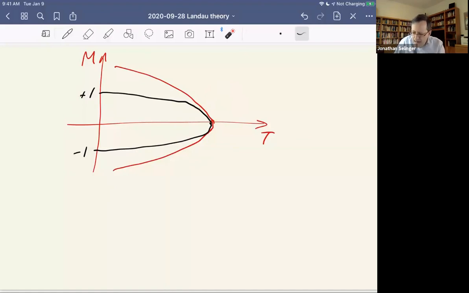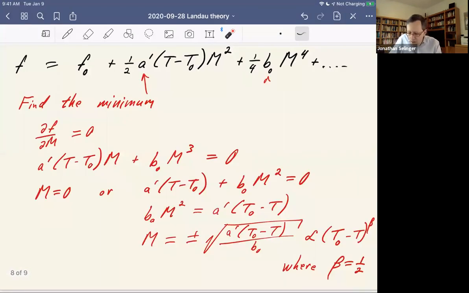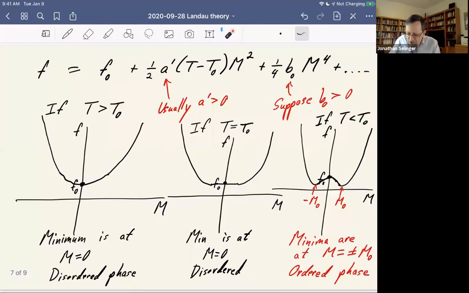Now, coming back to Cheng's questions, okay? So one of Cheng's questions had to do with the sign of this A prime variable, okay?